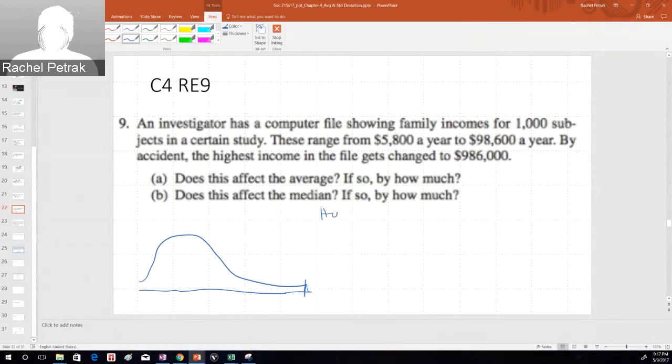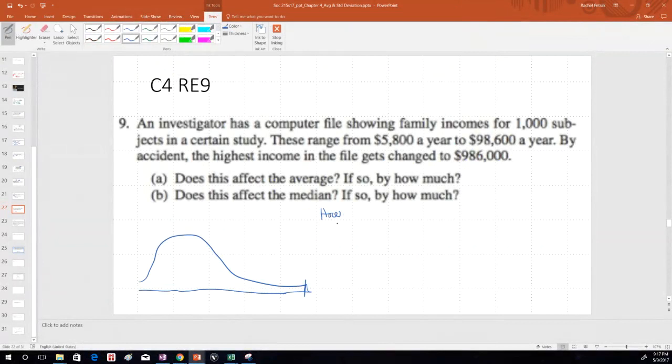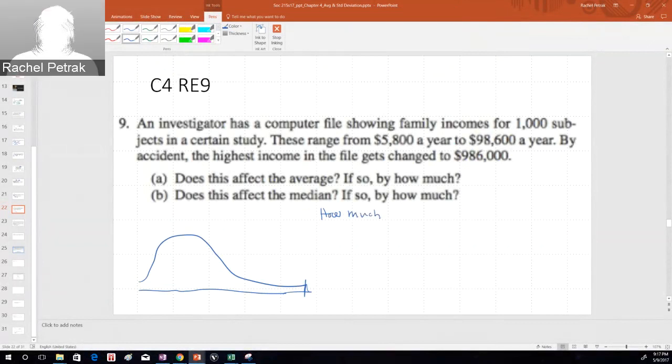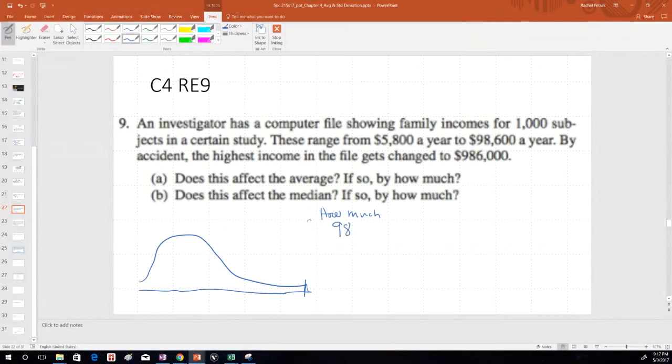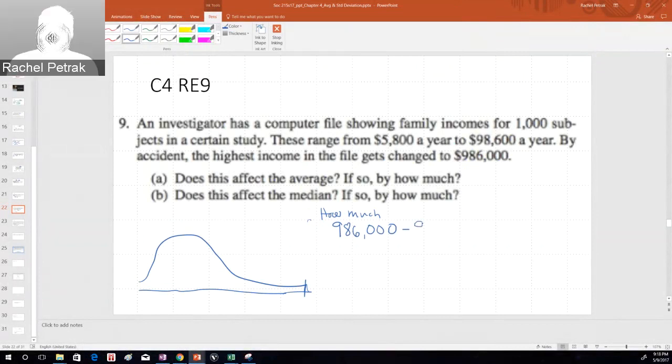So how much? We can just take the new score and then subtract the original score, and their difference.